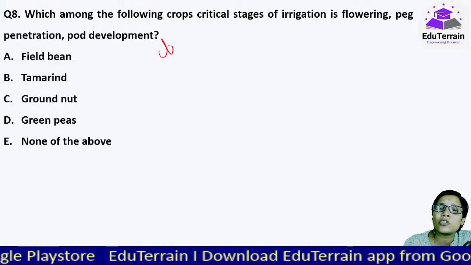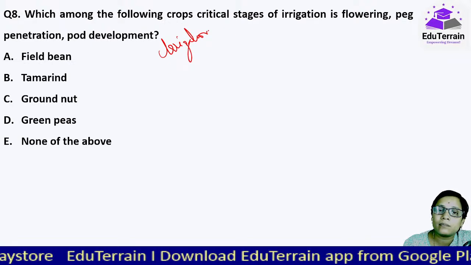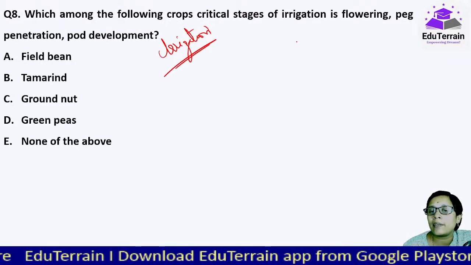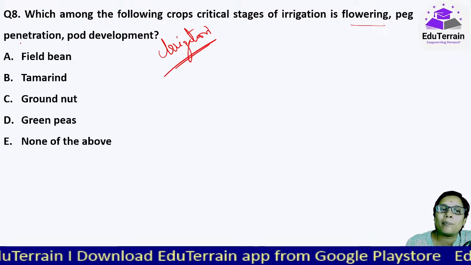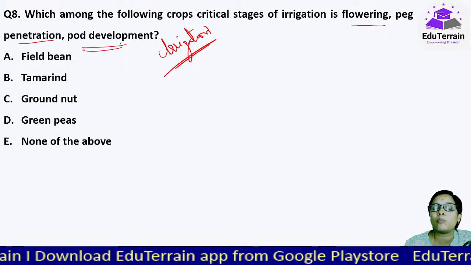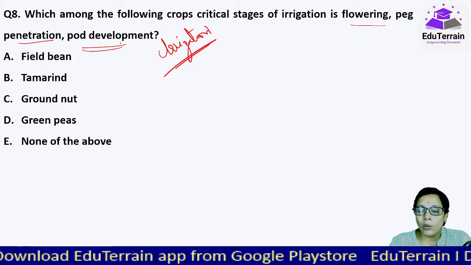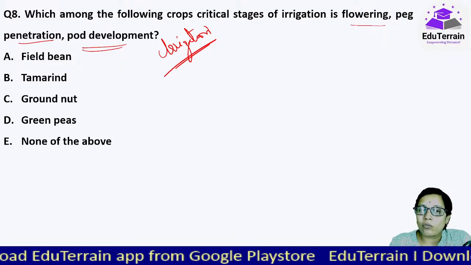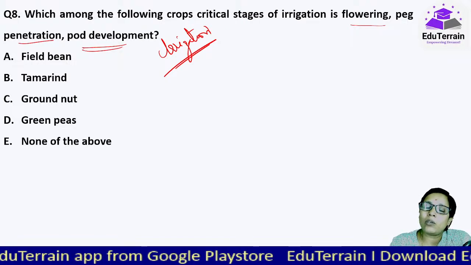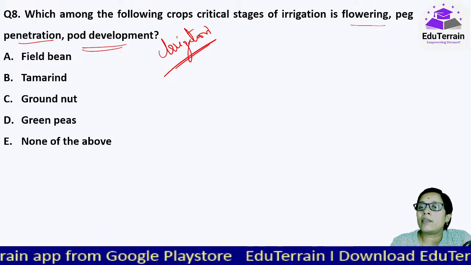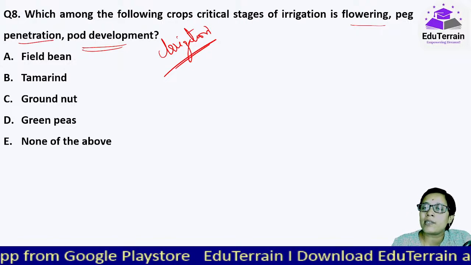This is from the chapter Irrigation. Now, which among the following crops has critical stages of irrigation as flowering, peg penetration and pod development? See, when we talk about the stages of growth in a plant, every crop has its unique critical stages of irrigation. Now, what is this critical stage?